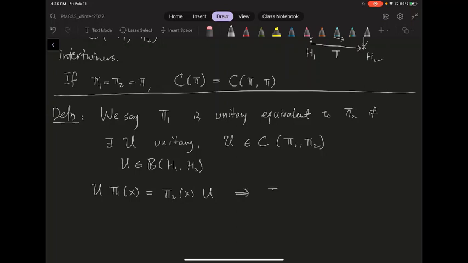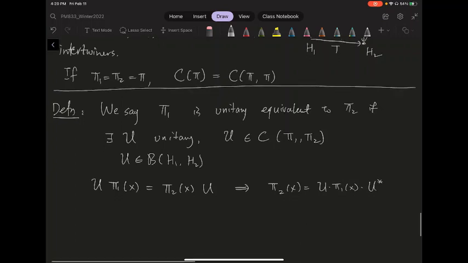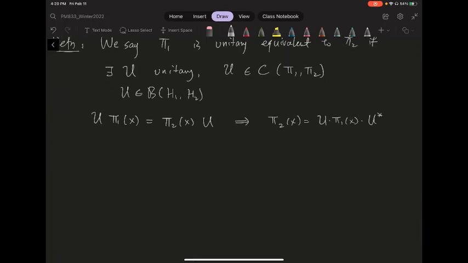So pi2 of x is equal to U times pi1 of x times U star, which is equal to U inverse. So pi2 is pi1 conjugated by a unitary. Notation-wise, let's just use this convention for pi1 being unitarily equivalent to pi2.